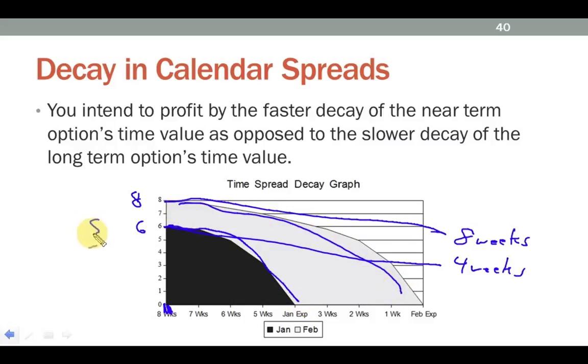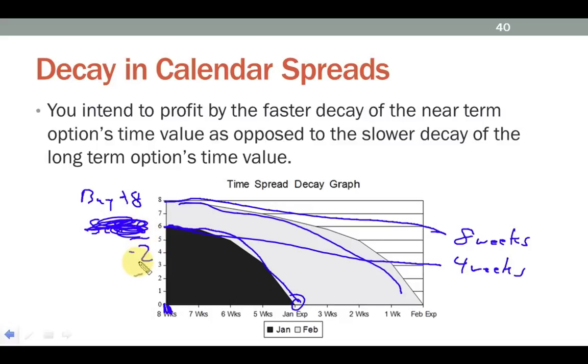And again, we're going to be selling the $6 option, buying the $8 option. The whole spread is done for a $2 debit. Now, if the option that you sold for $6 just expires worthless, you get to keep the $6.